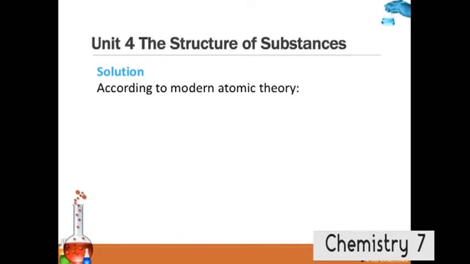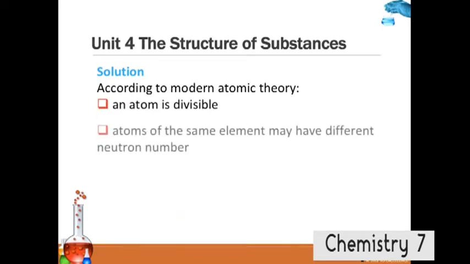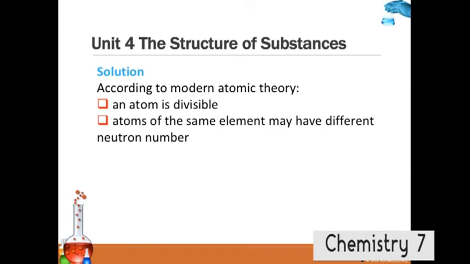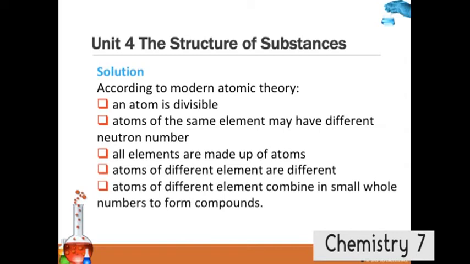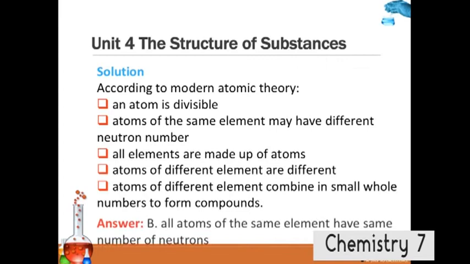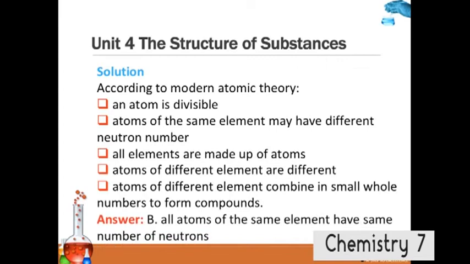According to modern atomic theory, an atom is divisible. Atoms of the same element may have different neutron numbers. All elements are made up of atoms, and atoms of different elements are different. Atoms of different elements combine in small whole numbers to form compounds. The answer is B. All atoms of the same element have the same number of neutrons.